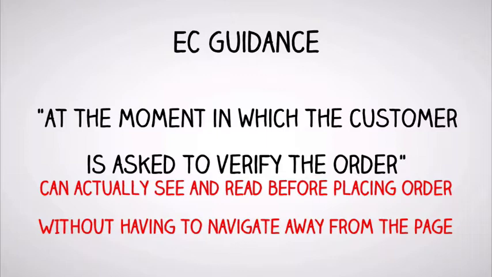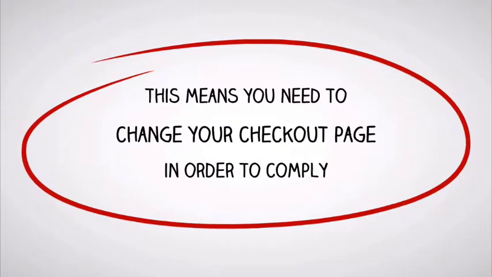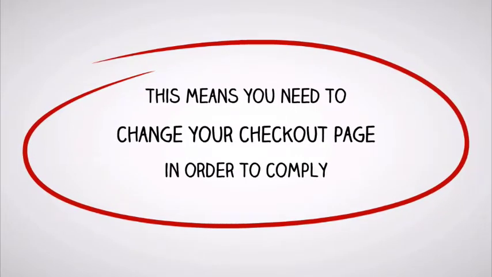So this means in all likelihood that you will need to change your checkout page in order to comply. Now that might mean if you are using a template website, that you have to go back to the provider of the website template and ask them to change that for you.